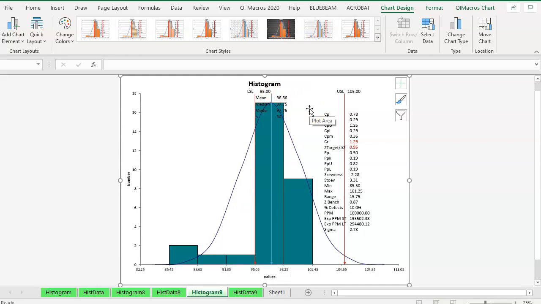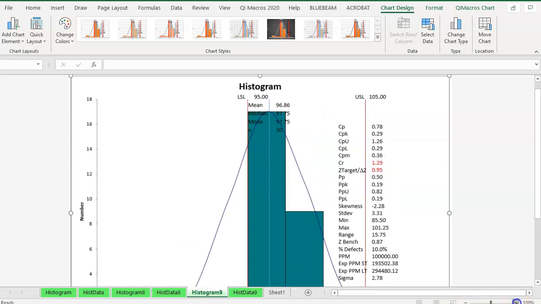So before I even look closely at what the actual values are, I could say that whatever CP is, it's probably going to be higher than CPK because we've got a bit of a centering issue here. And the fact that this is a really fat curve, I'd expect to see CPK values that are less than 1. And let's take a look more closely at what we've got.